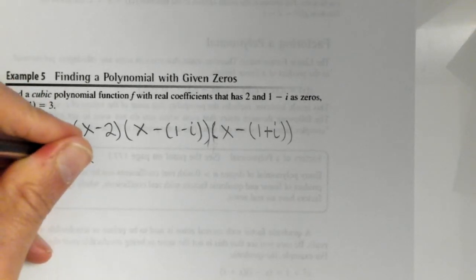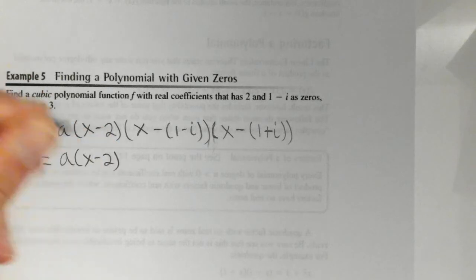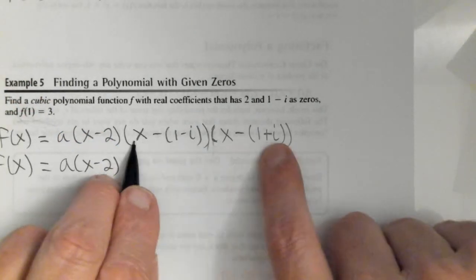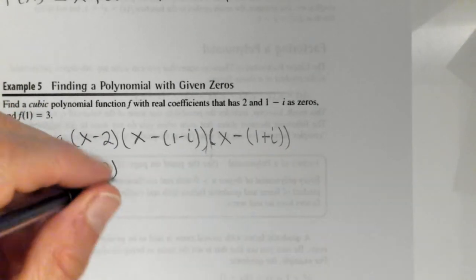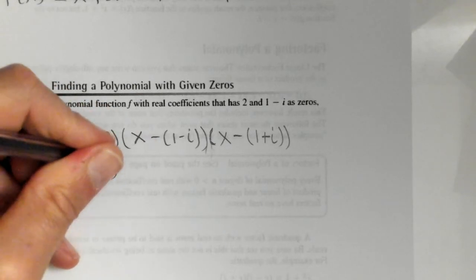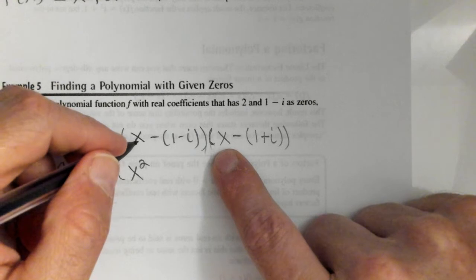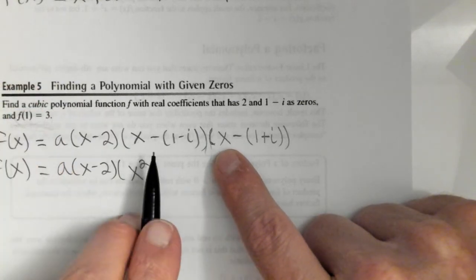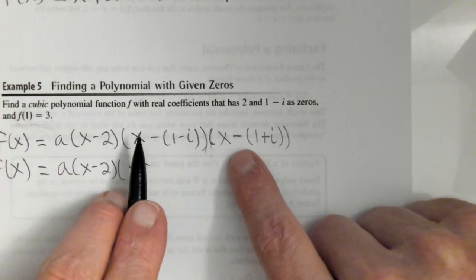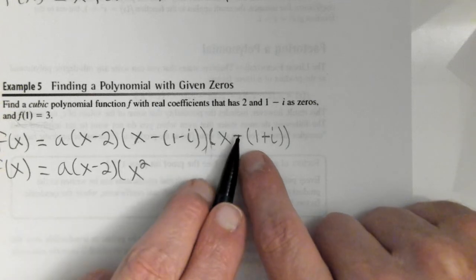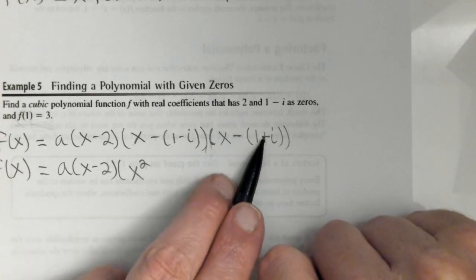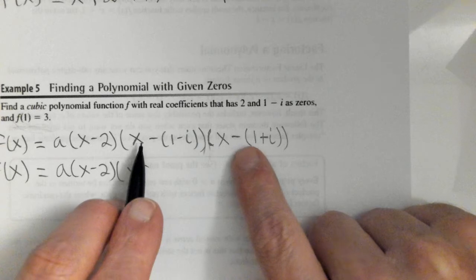I'm going to go ahead and write this x minus 2 back, and I'm going to try to multiply these 2 sets of parentheses together. Alright, let's see what we get. So I got x times x, which is x squared, right? Now, here's the next thing that I want to do. I want to take x times negative 1 plus i. So that'll be my next one.